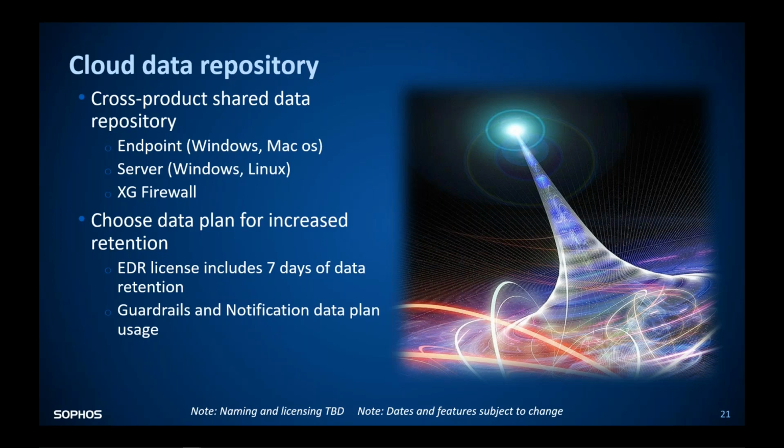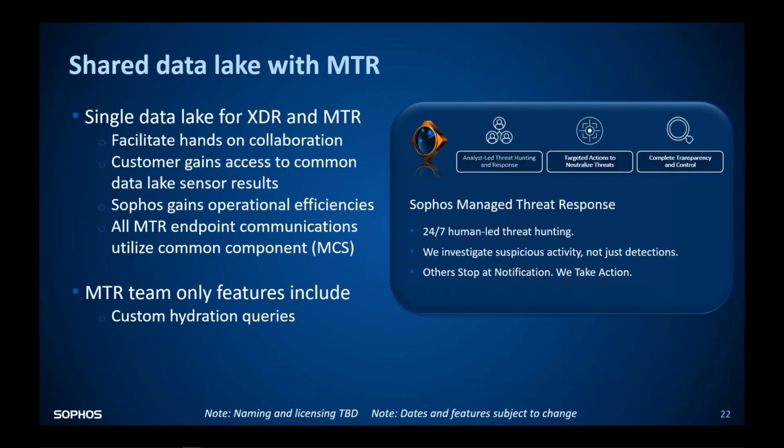We're looking at the February timeframe with availability in June. That data lake will have 7 days worth of data in it. It will also have information from non-endpoint products, so the Sophos Firewall, and we're adding email and we'll be adding third-party firewalls. It's the same data lake that's used by our threat hunt team.